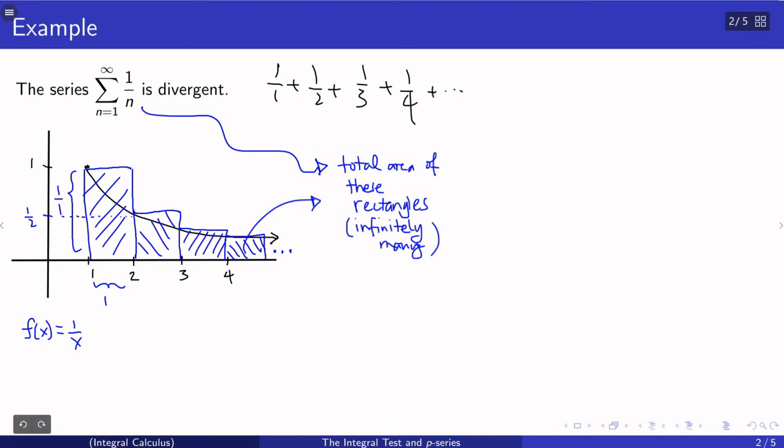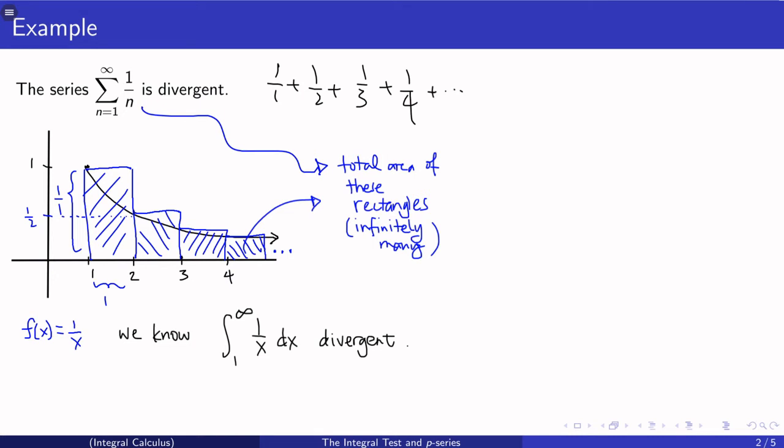Okay, that's all well and good, but how does that help us? Well, we know from previous discussions that the improper integral of 1 over x dx from 1 to infinity is a divergent integral. Again, you should remember how to do this, right?